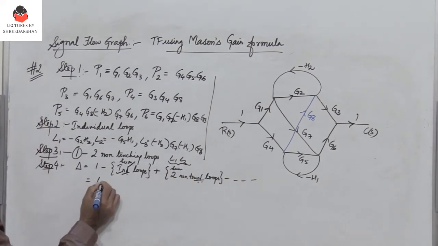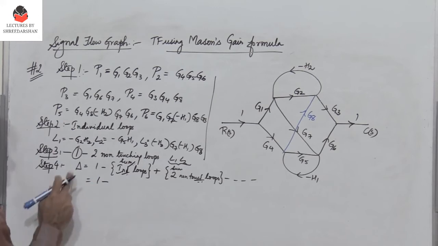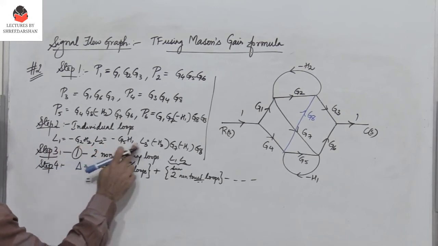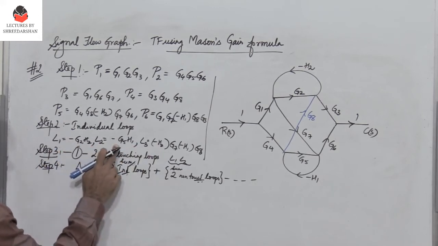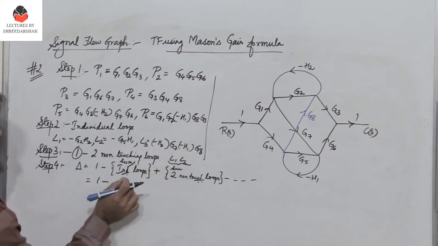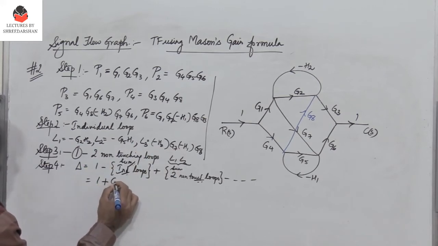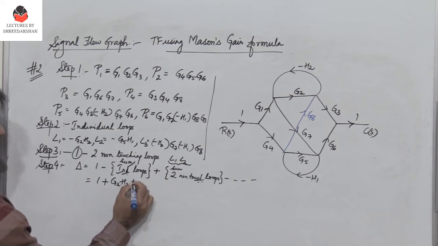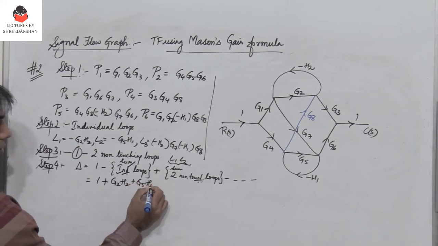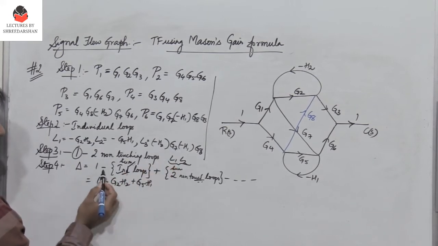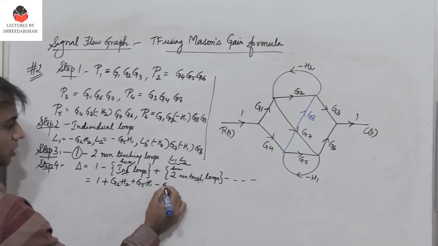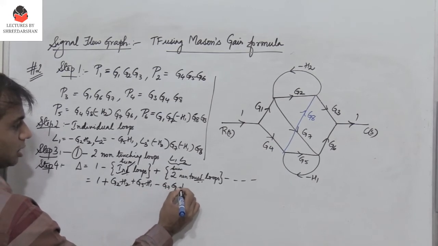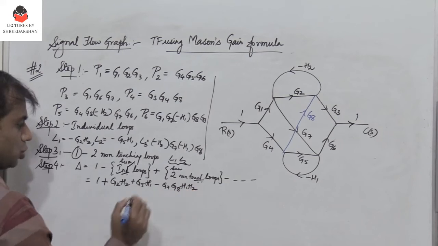So all of the individual loops are negative, and so if I remove the brackets, I can write it as G2H2 plus G5H1, and then minus G7, G8, H1 and H2.